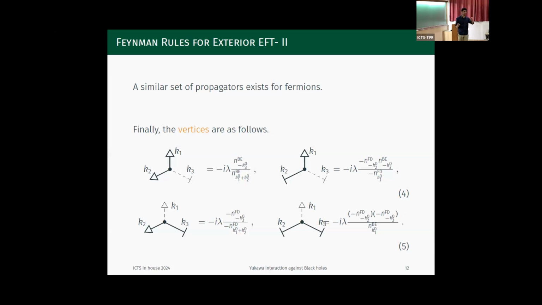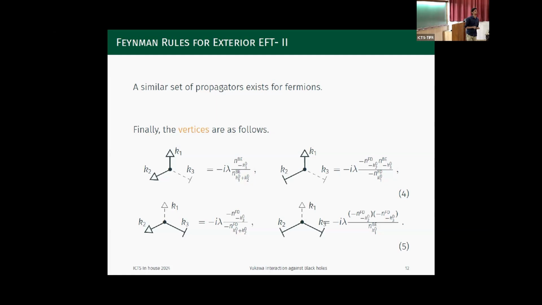Once you integrate out the interior degrees of freedom, you get these extra factors attached to the interaction vertices. Right now I'm just quoting the result, but there is a series of steps behind it which I haven't gone through. But from the basic argument, if you are ignoring something about the black hole, then the black hole effect should come out in the effective theory in the end.